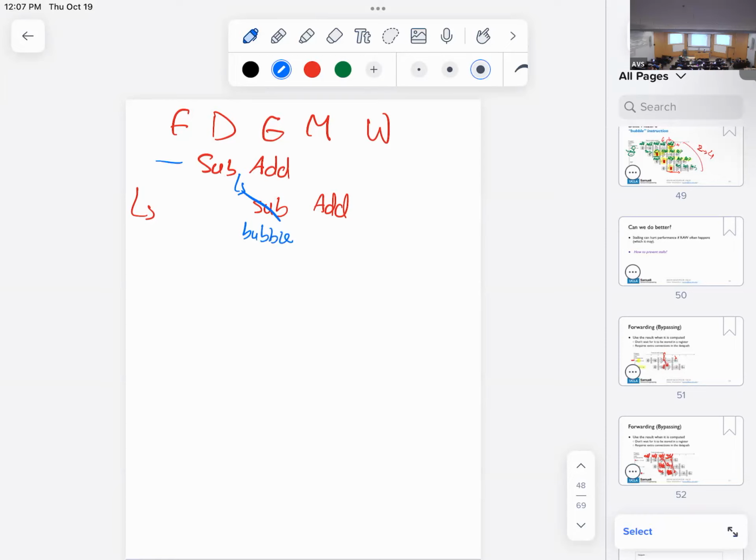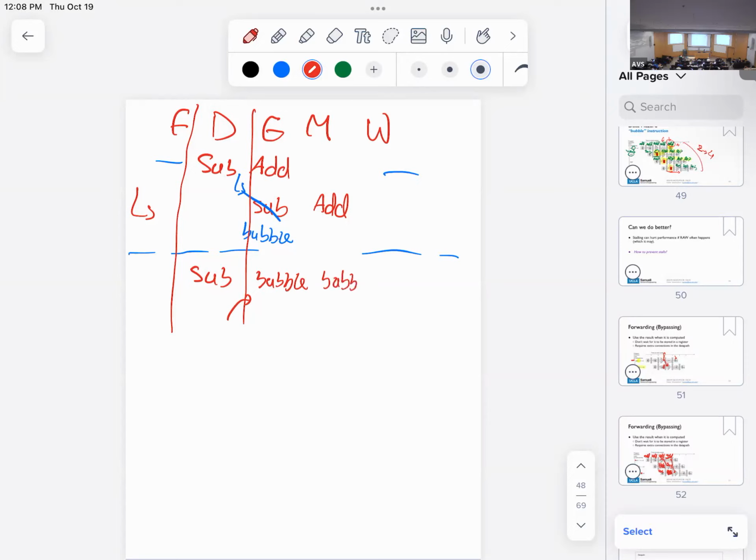So before and after, we don't care. And then since we need another cycle so that this add reaches the write back stage, the sub stays in the decode stage. We will need to insert another bubble since the sub is not really moving forward. This bubble goes into the next cycle, right?